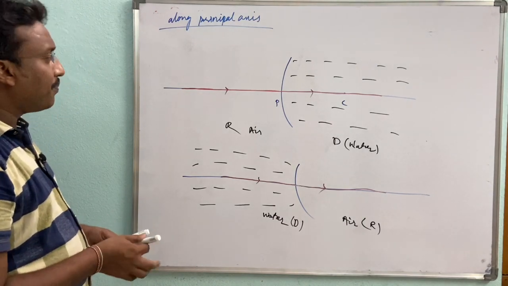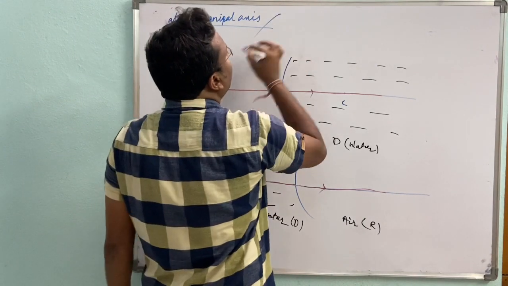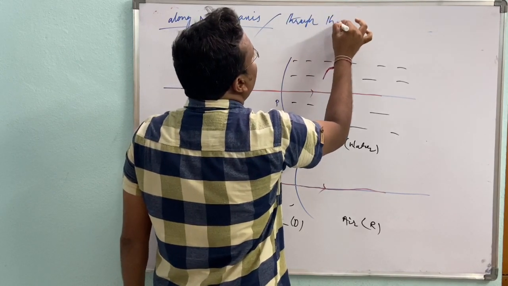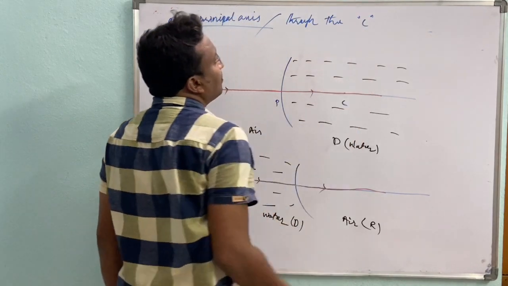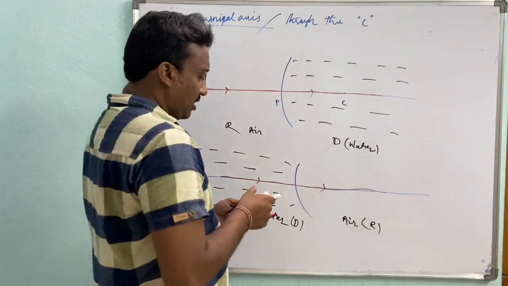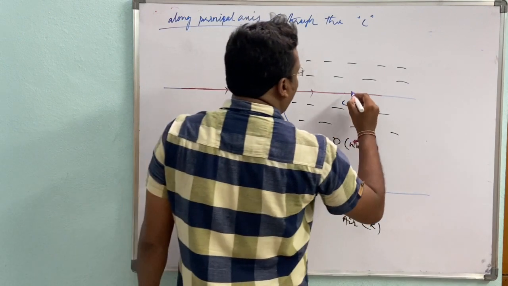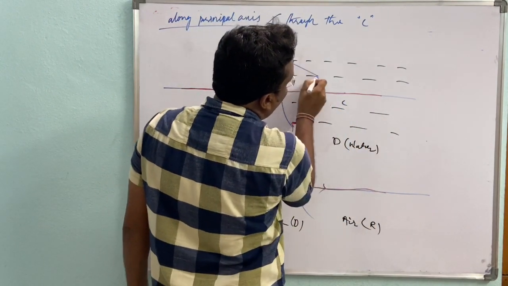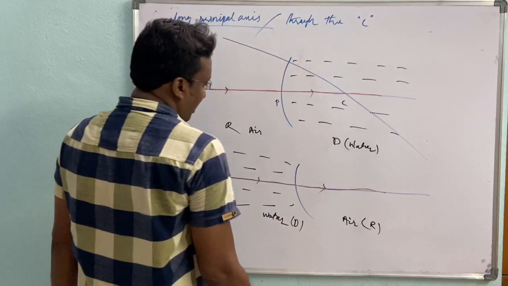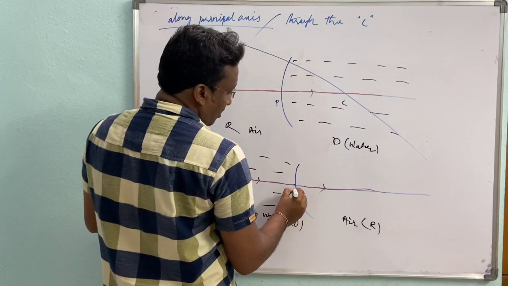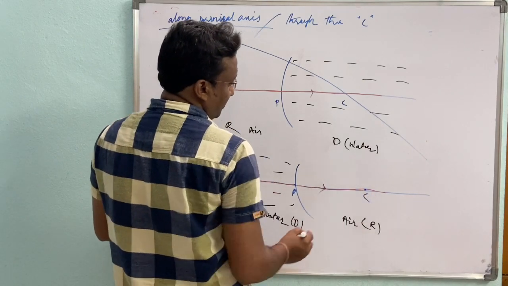At the same time, if it passes through the center of curvature, what happens? See, the same. If it passes through the center of curvature also, there is no deviation. Here you can select the pole and center of curvature.